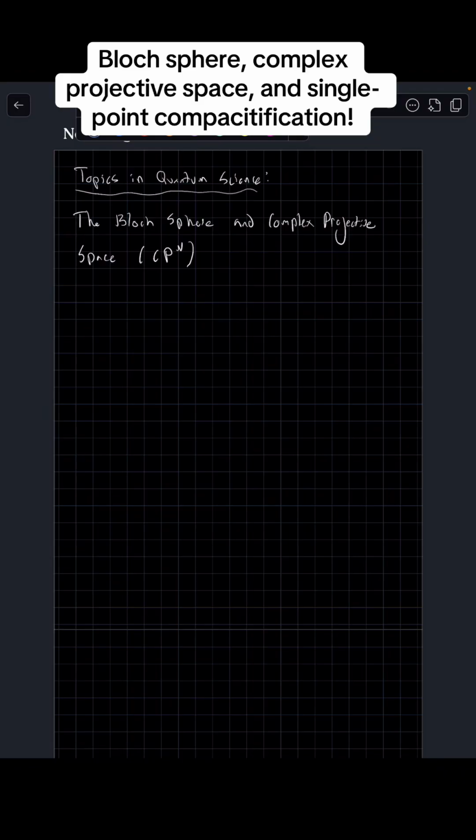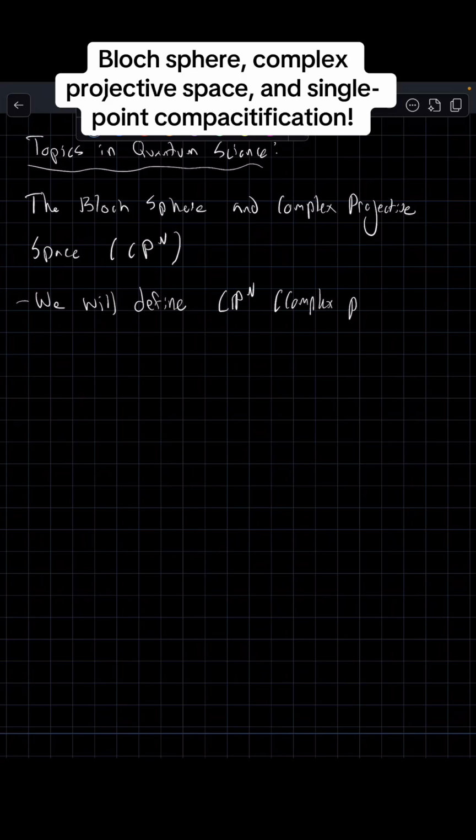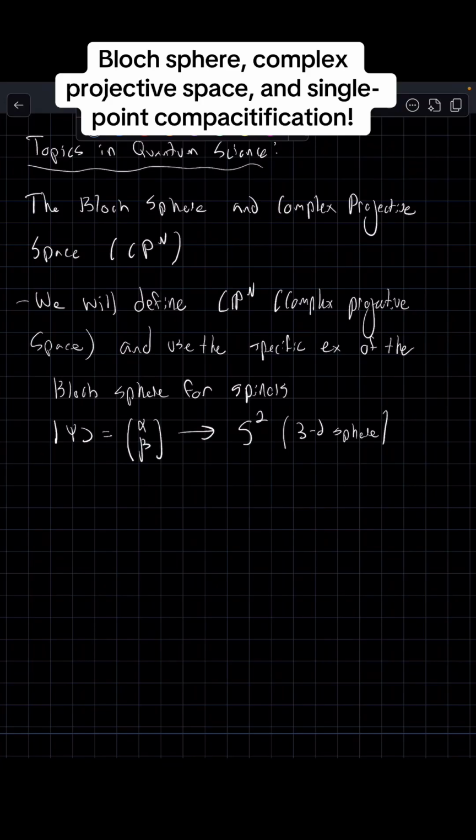And really, the Bloch sphere as a case of complex projective space, where we will define CP, complex projective space, and use the specific example of the Bloch sphere for spinors, which maps some psi equal to alpha beta to what we call a 2-sphere, or a 3D sphere.